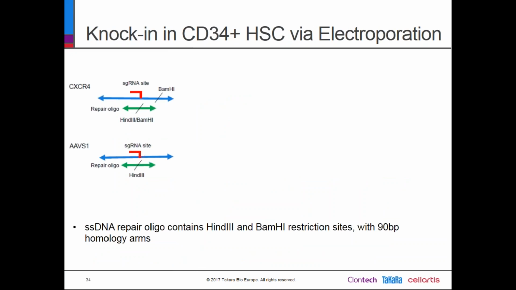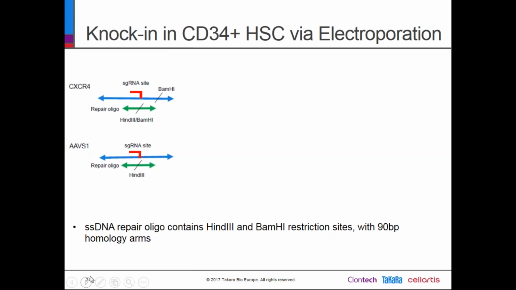Last but not least, I also would like to show you some knock-in data, here in CD34+ hematopoietic stem cells using electroporation. So these cells are known to be very difficult to edit and the delivery is also quite difficult.